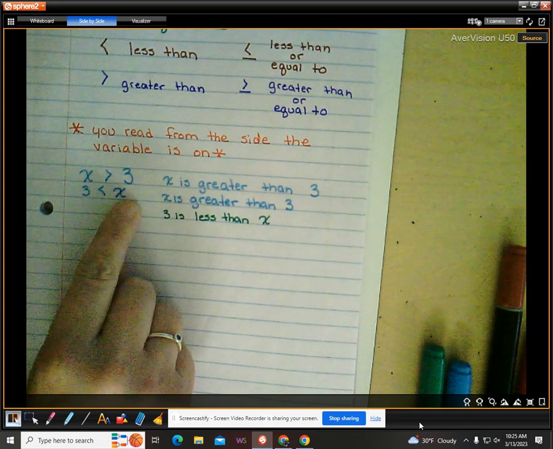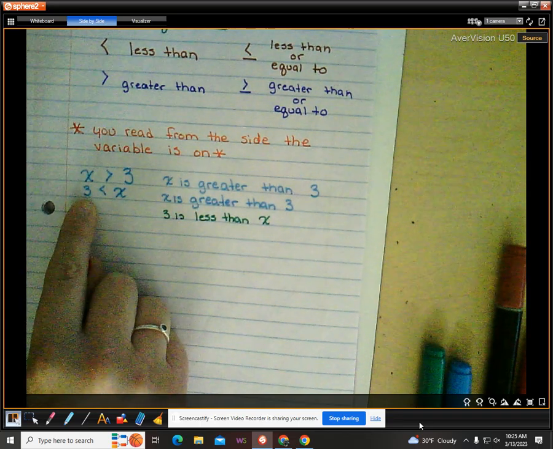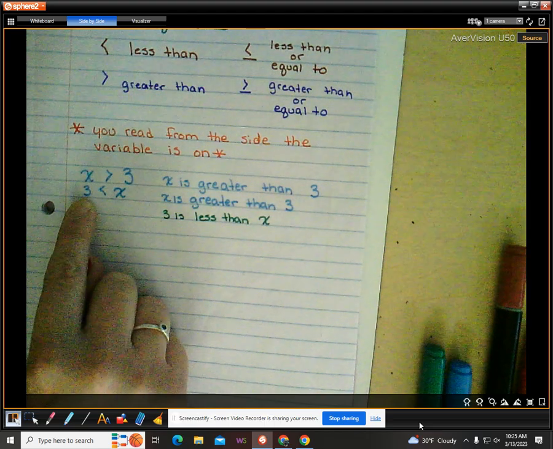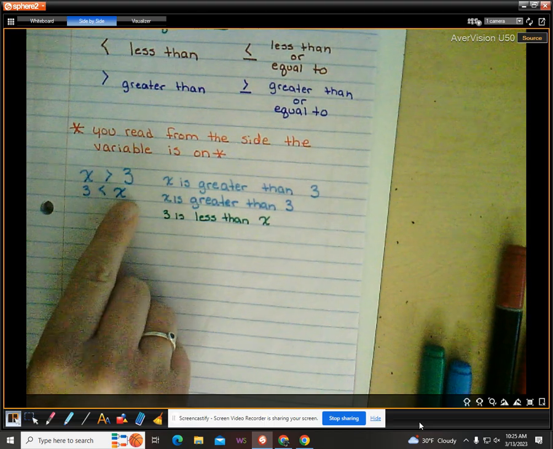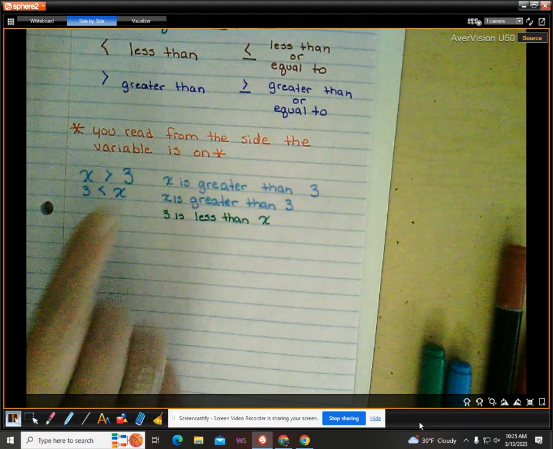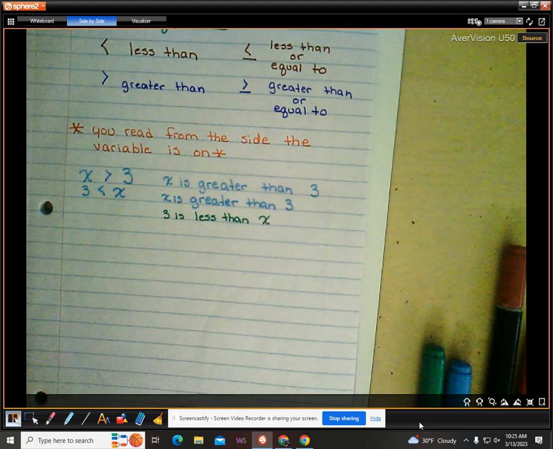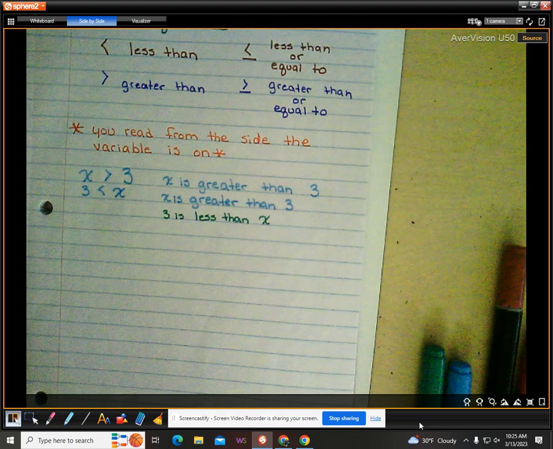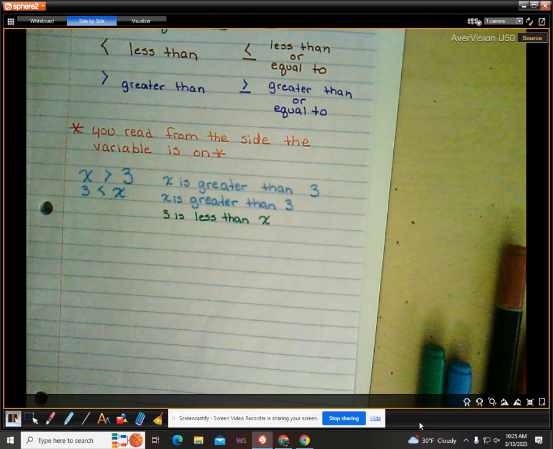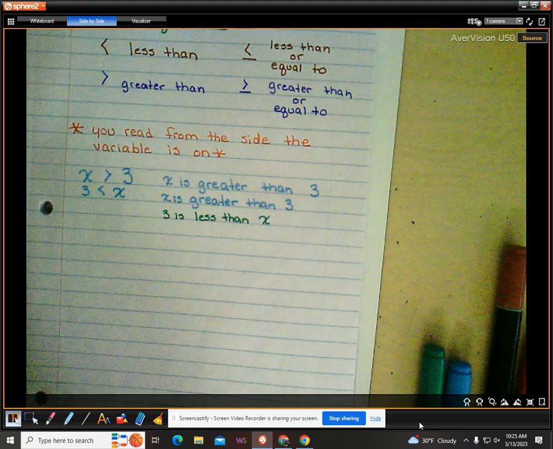If x is greater than 3, it makes sense that 3 is obviously less than x. Do we see that? It'll make sense also as we do examples with real numbers. So, most of these can be read two different ways.